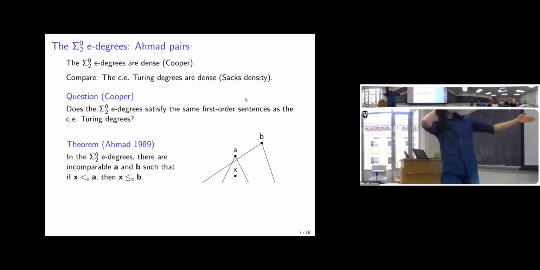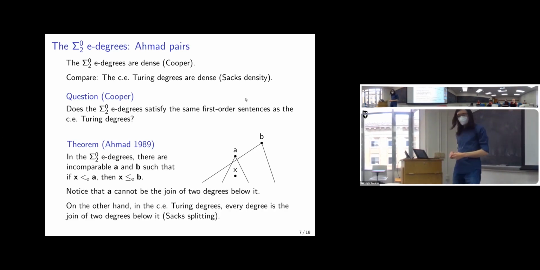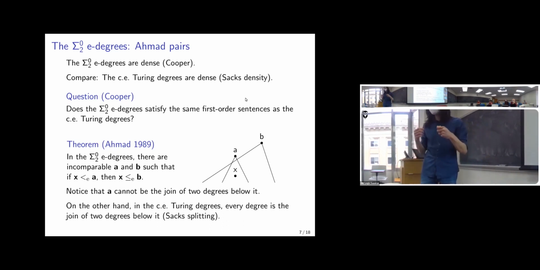Now, what does this have to do with Cooper's question? Well, it gives one answer. Notice that in such a pair, which we call an Ahmad pair, A cannot be the join of 2 degrees below it. Why is that?